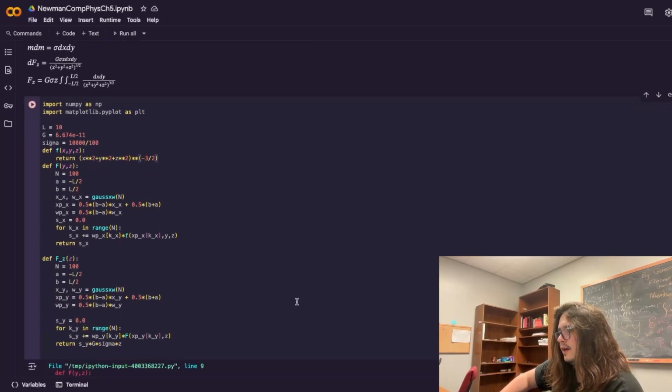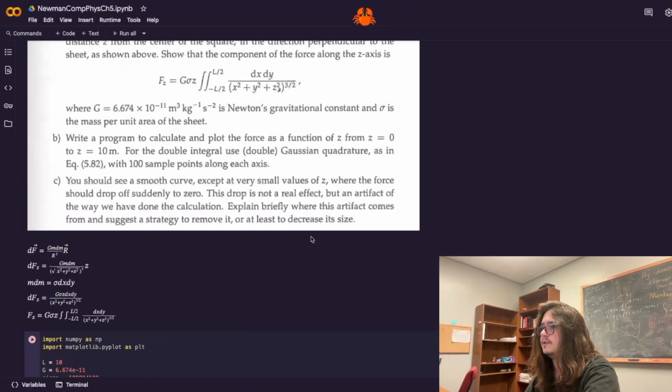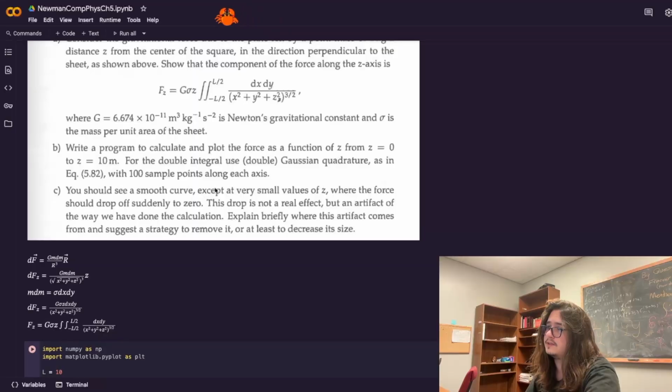So with all of that, I should be able to create an input list, which is just going to be ZLS, which is going to be a NumPy linspace. It wants us to create a plot from z equals 0 to z equals 10 with 100 sample points along each axis.